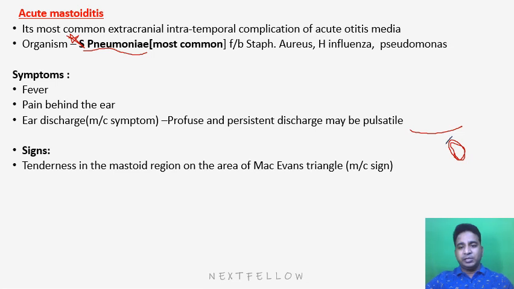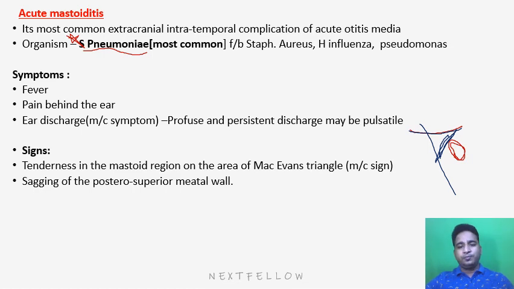If we draw a tangential line at the posterior superior quadrant of the EAC, superiorly it is bounded by the suprameatal crest, and then a line joining these two. So this is my Macewen's triangle, which is a posterior superior region at the level of the external auditory canal. And this is an area that is a landmark for the mastoid antrum. So there will be tenderness in this area, the Macewen's triangle, which is the most common sign.